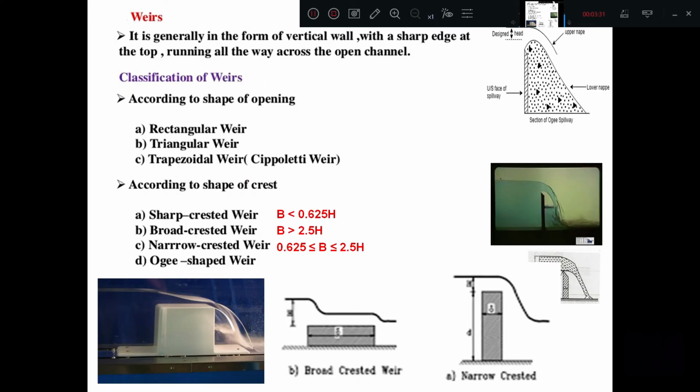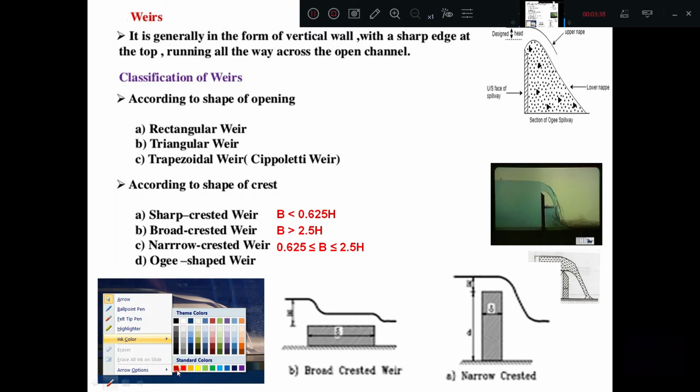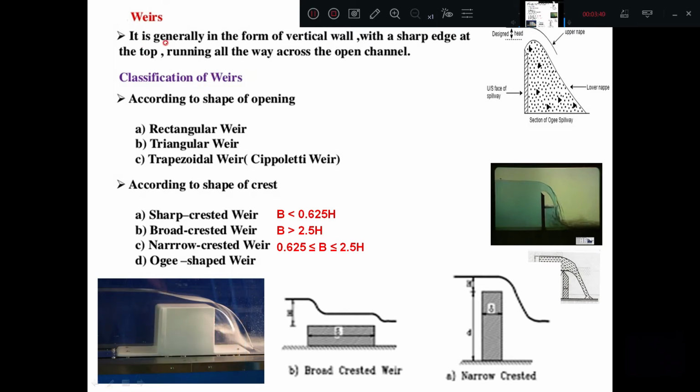And as we know, a weir is generally in the form of a vertical wall with a sharp edge at the top running all the way across the open channel.